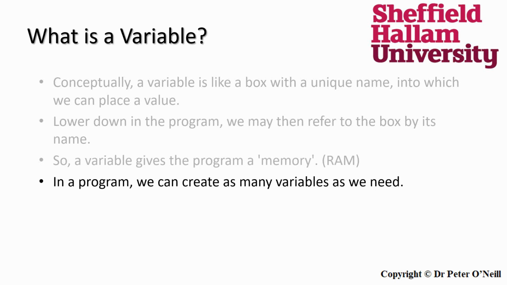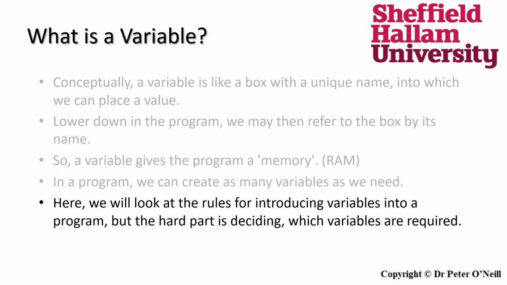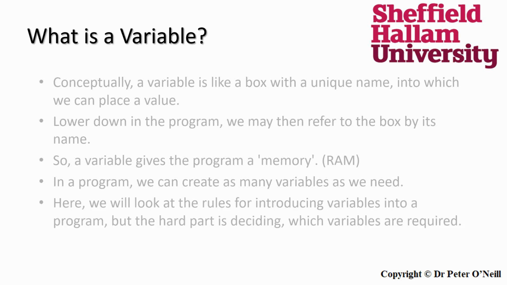In a program, we can create as many variables as we need. Here we will look at the rules of introducing variables into a program. But the hardest part is deciding not if we need a variable, but what type of variable we desire or is required.